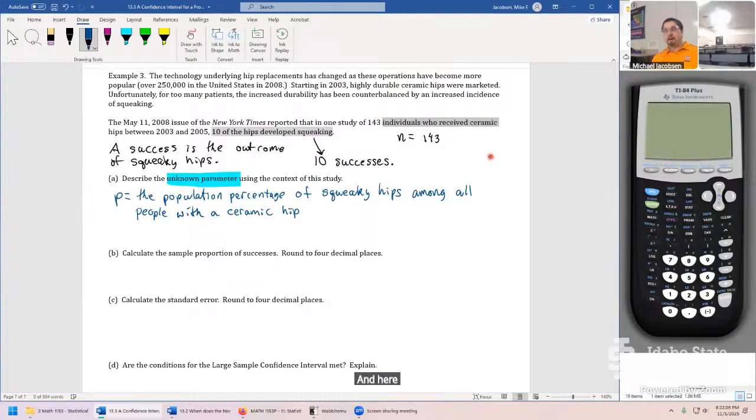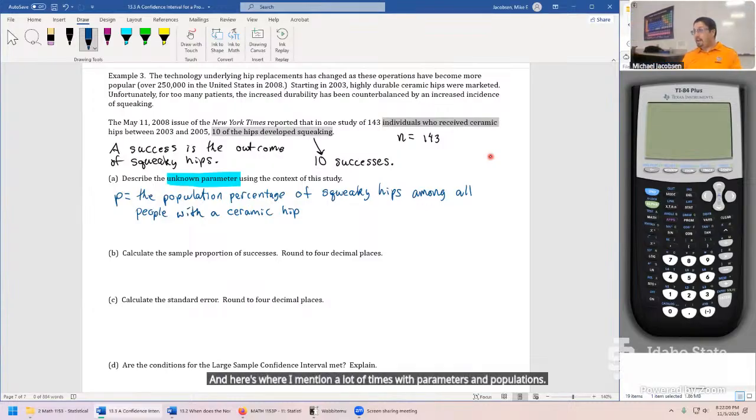And here's where I mentioned a lot of times with parameters and populations, you can be hyper specific. It's hard to know where to draw the line. But when it comes to medical technology, it's a moving target that changes every single year. They launched the ceramic hips in 2003.